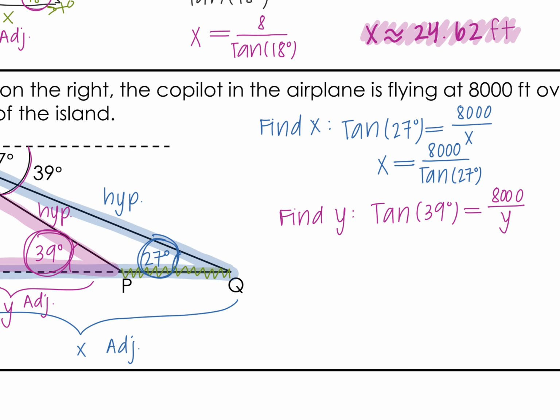Okay, once again, using that quick trick here, I can take that denominator, my y, and move it to the left side of my equal sign. Then on the right side, I'll still have that 8,000 divided by, but this time I'm going to replace that tangent of 39 degrees where my y was.